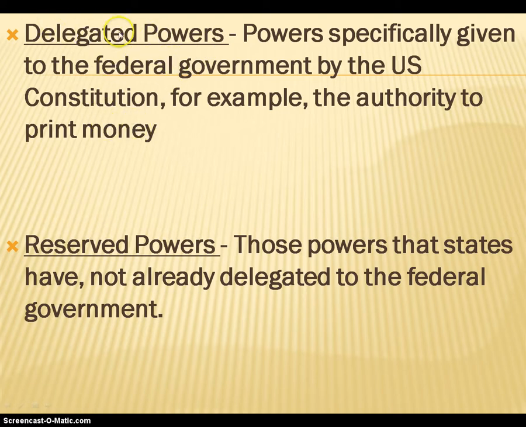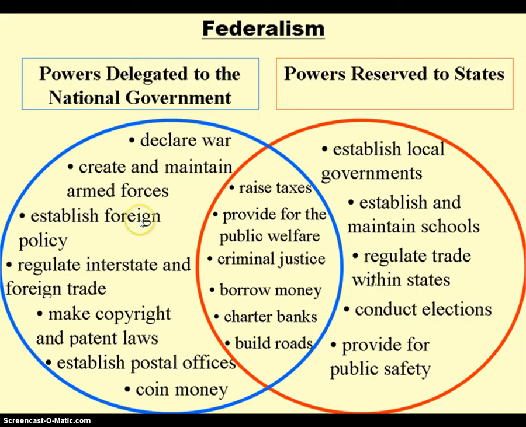Now, the opposite of these is the reserve powers. That's only the states. They're the ones that conduct elections. They're the ones that license professionals like teachers, lawyers, doctors, anything like that. So delegated, reserved. Right. Now right here, you see the delegated on the left, declare war, only the federal government. On the right, you have the reserved, conducting elections, maintaining schools.